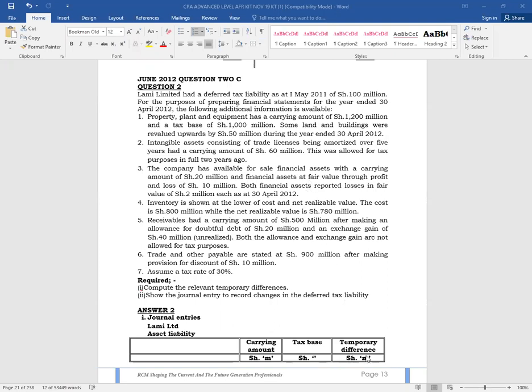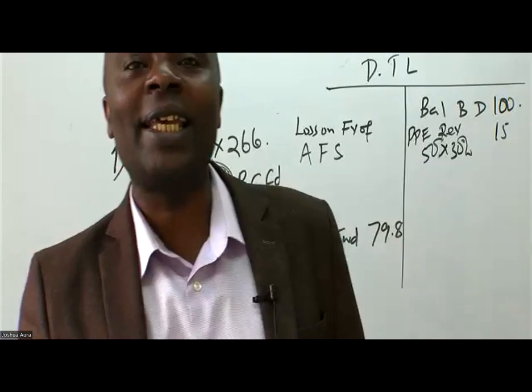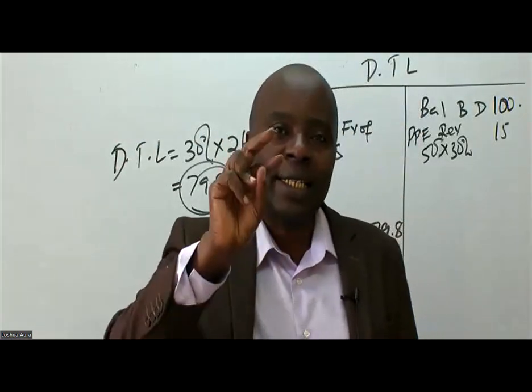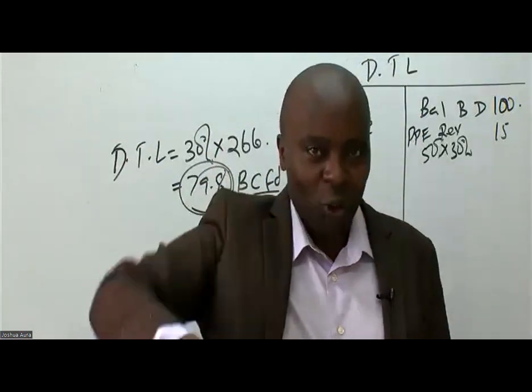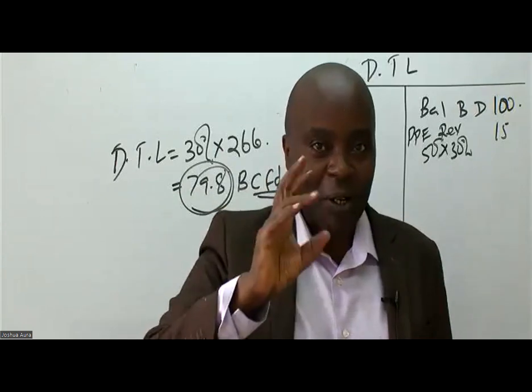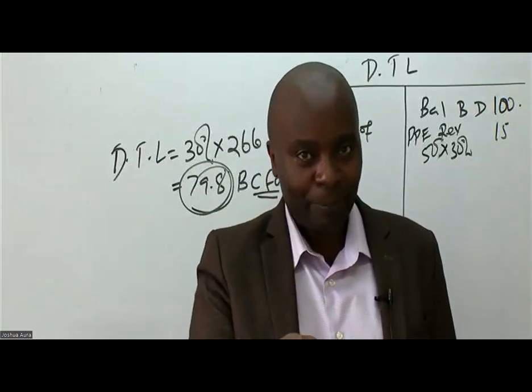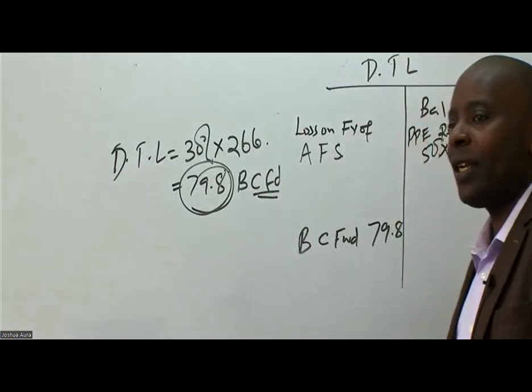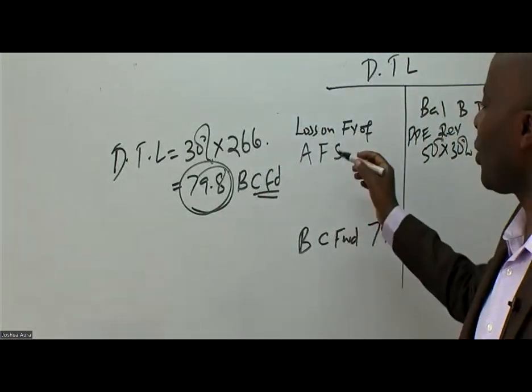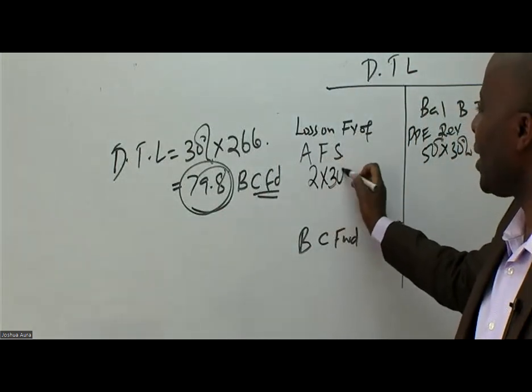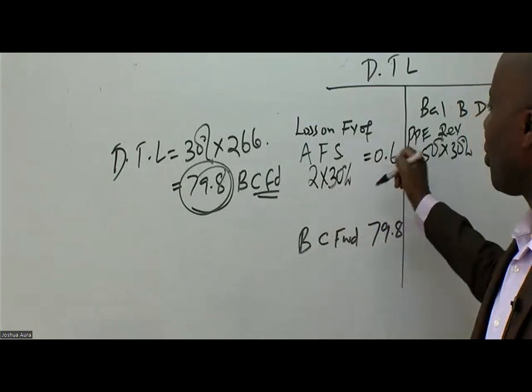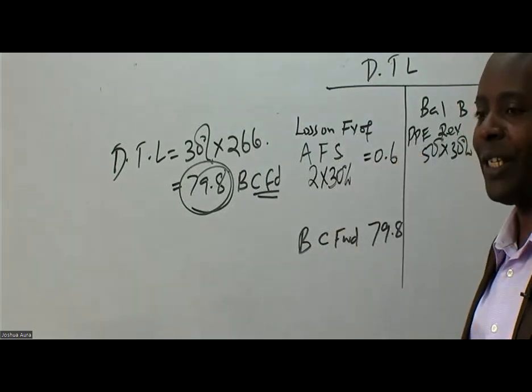The loss is 2 million. Please don't bring the financial assets whose fair value is adjusted through profit or loss. Those are short-term. The taxman cannot give you an allowance for that, right? So in this case, loss on fair value available for sale is 2 million, times 30%, which gives us 0.6, and that is it.